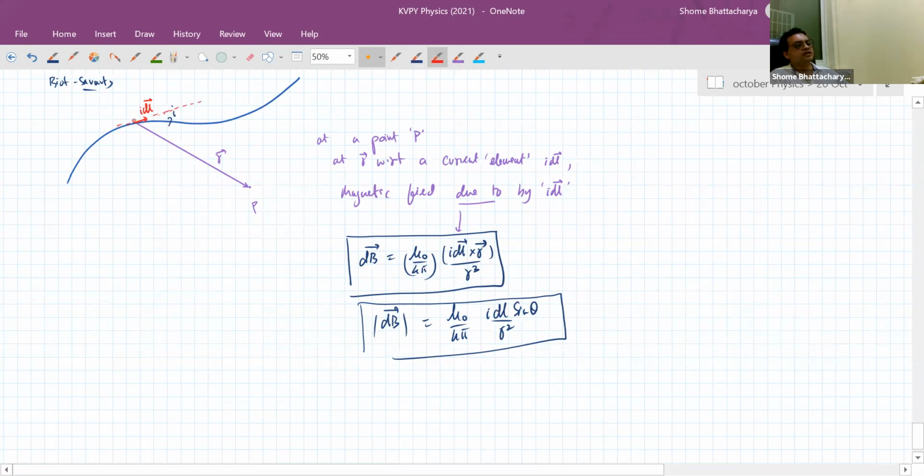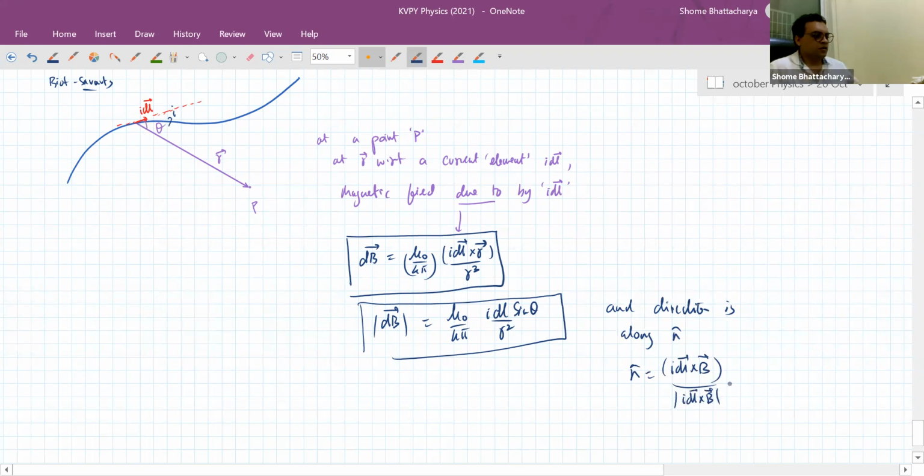This current element is like this and this, so this is the angle theta that we're talking about. And the direction is along n cap, where n cap is the unit vector. Okay, so just make a note of this.